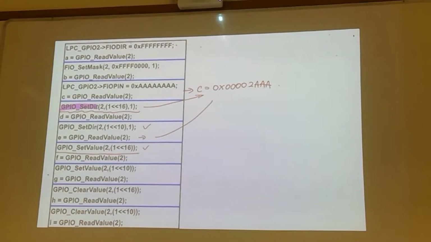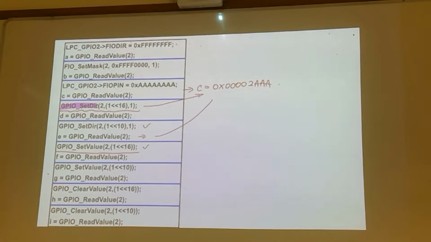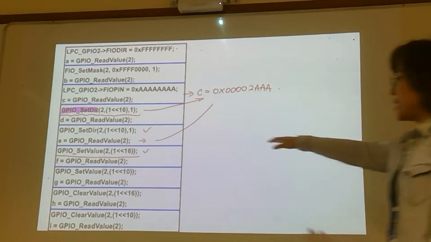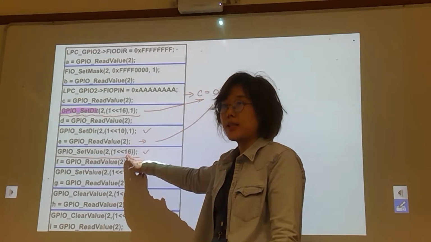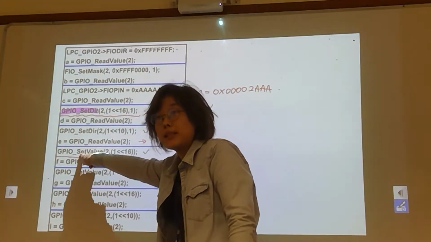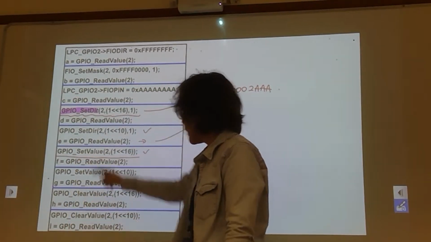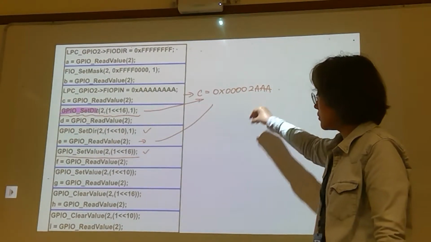Then F, sorry, this one. GPIO set value, port 2, pin 16. Again, this is a function given by the library. This one is basically trying to set port 2 pin 16 to output 1 because it's set value. So look at your current output.